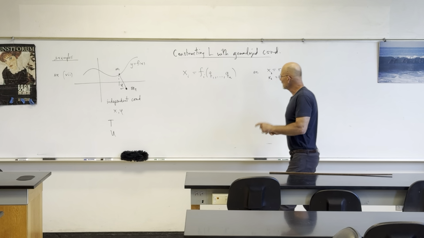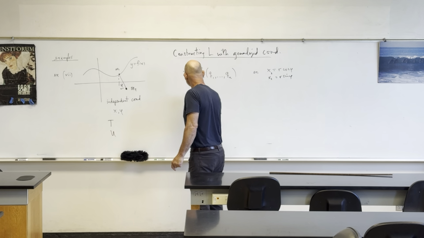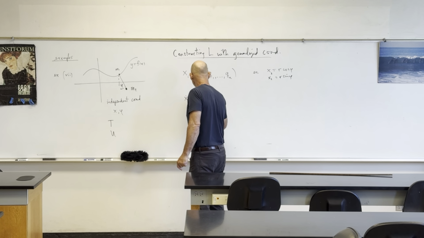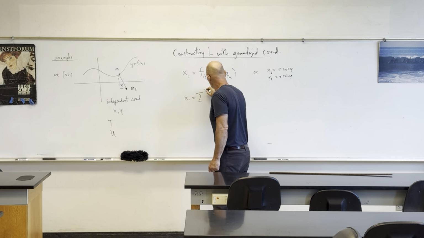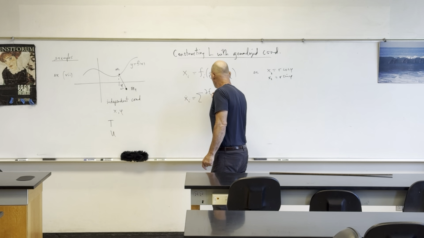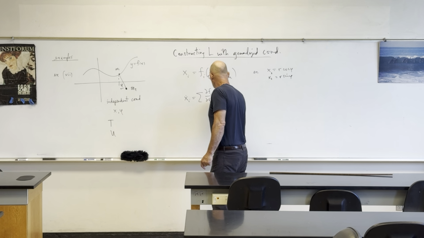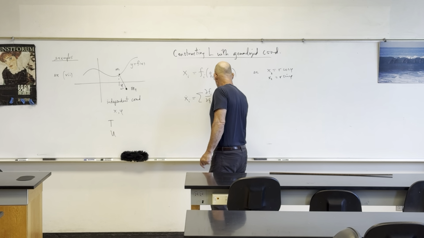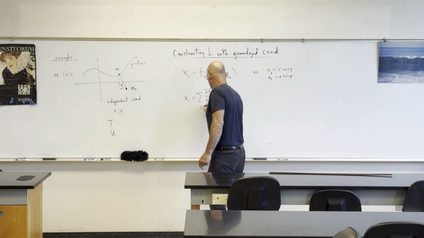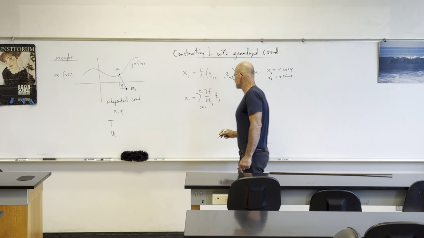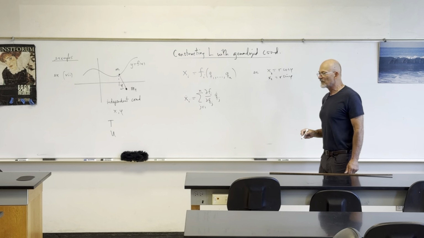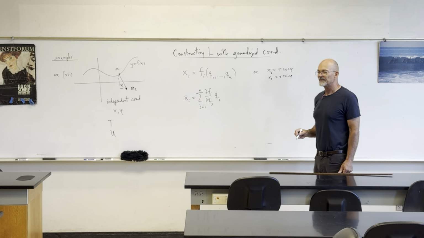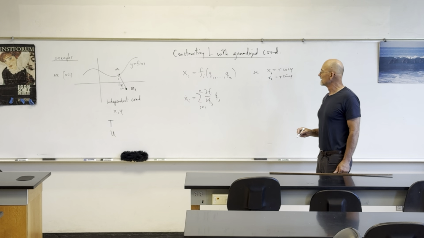So what we have to do now is a bunch of chain rule. x sub i dot equals the sum of df sub i dq sub j times q sub j dot, j equals 1 to m. We remember the multivariable chain rule? Big summation.